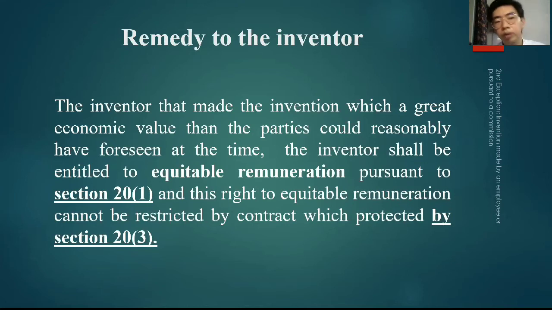So even though the inventor is the employee and does not have ownership of the patent, they are still entitled to equitable remuneration. So it's a way to balance the unequal between the effort and the ownership.